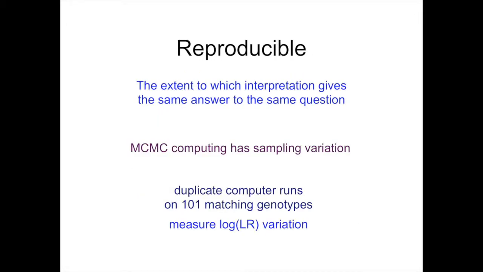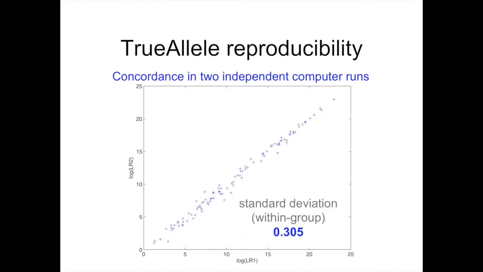The method's also reproducible. This is a Markov chain Monte Carlo, so there's sampling variation. To what extent does interpretation give the same answer to the same question? On duplicate computer runs on these 100 matching genotypes, we can measure the log LR variation. Each point has a first score on the x-axis and a second score on the y-axis.